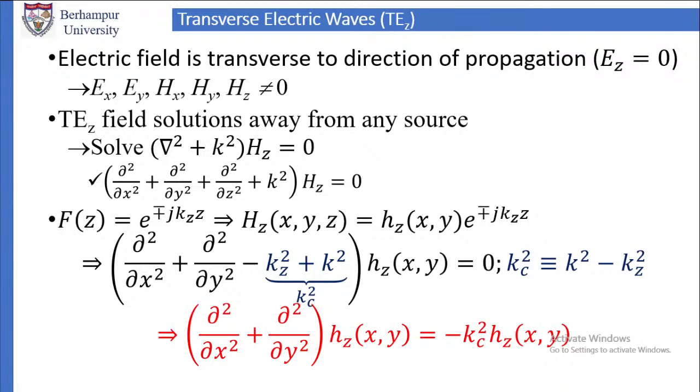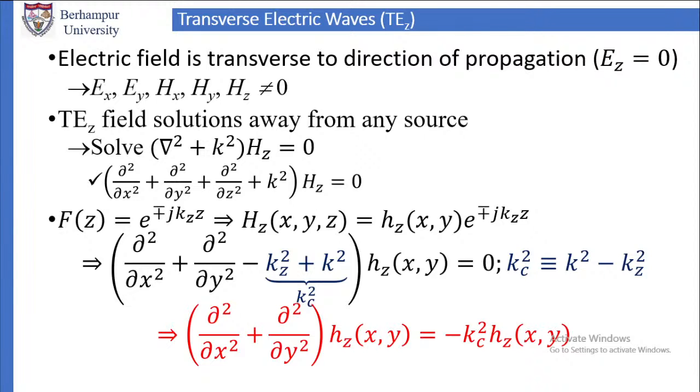So to find the field Hz, we have to solve the Helmholtz equation, where the operator is del square plus k square, operating on Hz. When this operator operates on Hz, the result is 0. So del square plus k square, whole operating on Hz, is equal to 0. That is the Helmholtz equation.